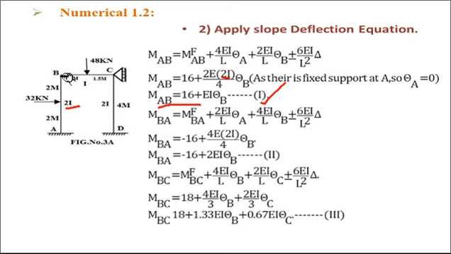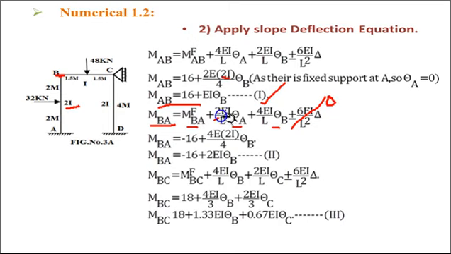Now find the end moment at B. So MBA is equal to MFBA plus 2EI by L into theta A plus 4EI by L into theta B plus minus 6EI by L square into delta. Now again this is a non-sway frame, so delta will be 0.